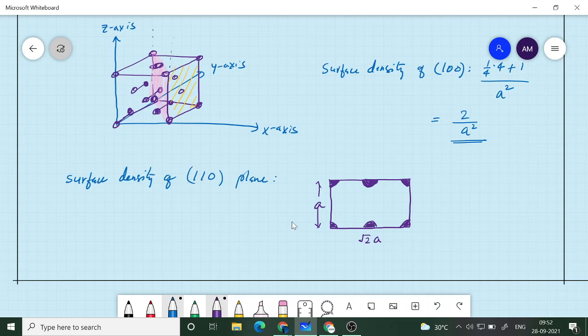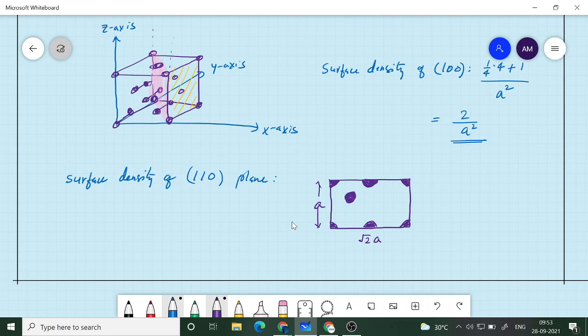Now apart from this, if you closely look, you will see that the atoms coming from the left surface, and also the front surface, when you shift by a by 4, a by 4, a by 4, will land up in this plane. So there are two more atoms, and these are full atoms.